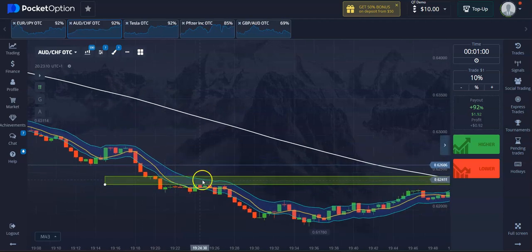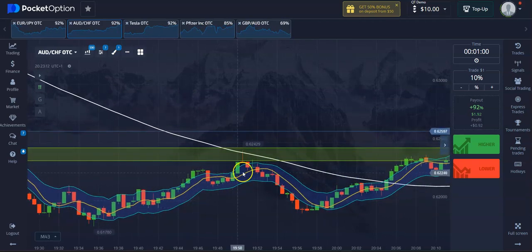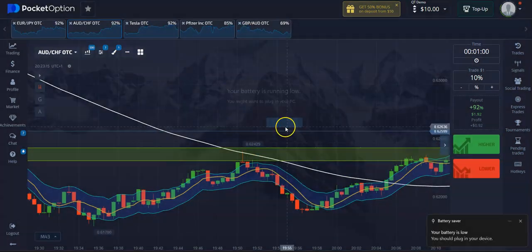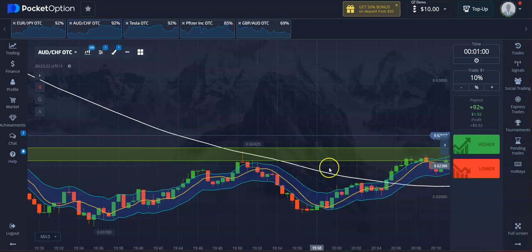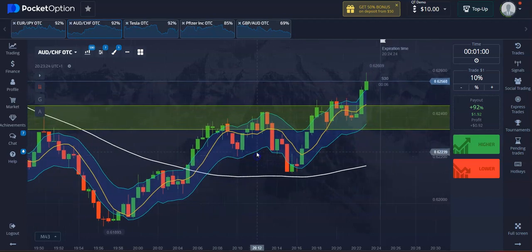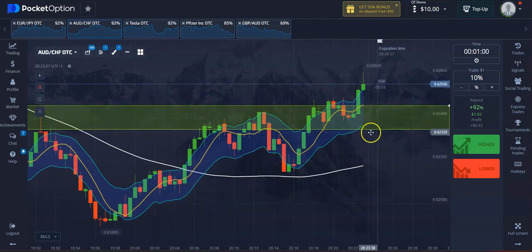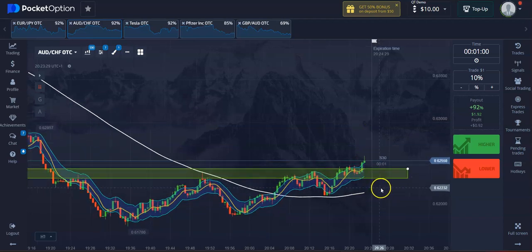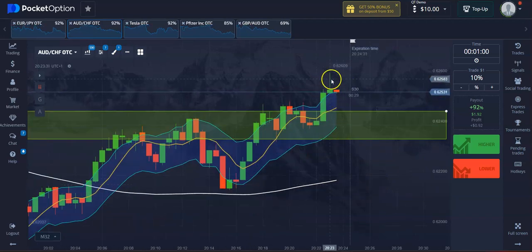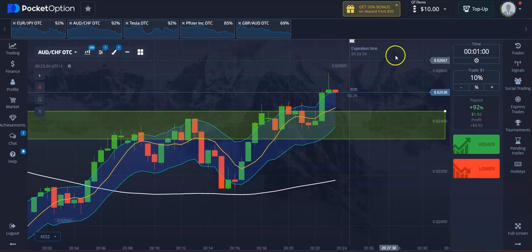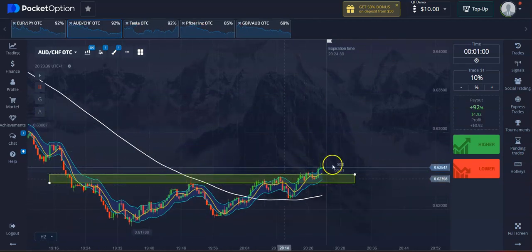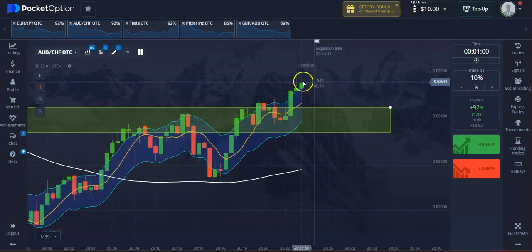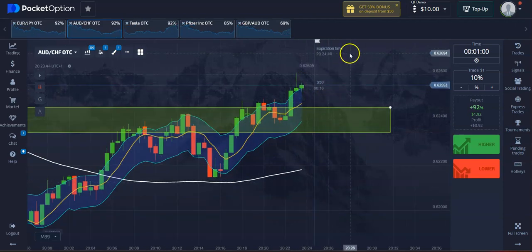We come back, consolidation, went down, touch this area, down again, down again, up, down, up, and down. And feels like now we're still going to see a slight pullback before the continuation to the upside. Because over here, we are crossing the trend. So we are in an uptrend right now, so we might see a slight pullback before we see the price going up.